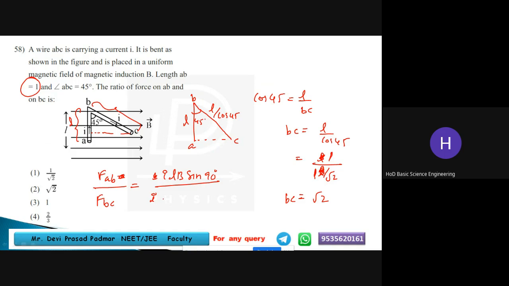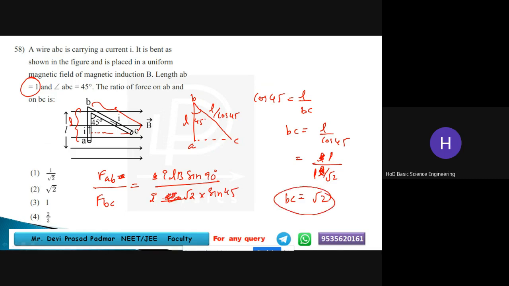I, L is 1, divided by I into root 2, sine 45.